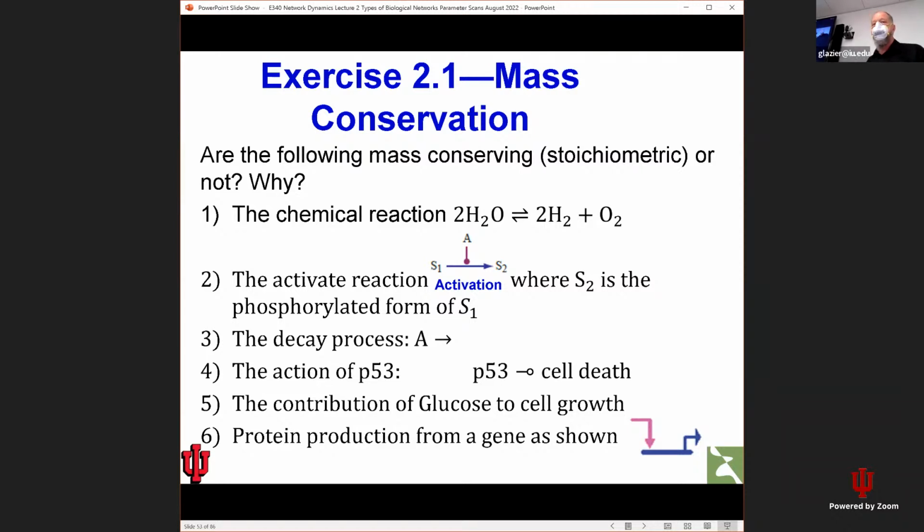That's a good point. So the 0th order, that's reasonable. But in fact, a lot of the glucose is used to make energy and then broken down. And so only a relatively small fraction of the mass of the glucose actually goes into creating cell mass.